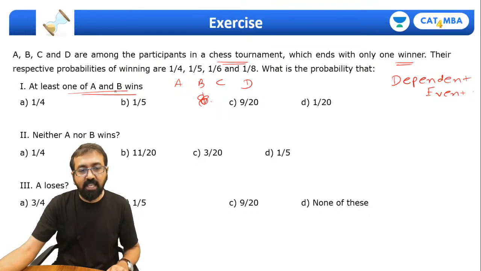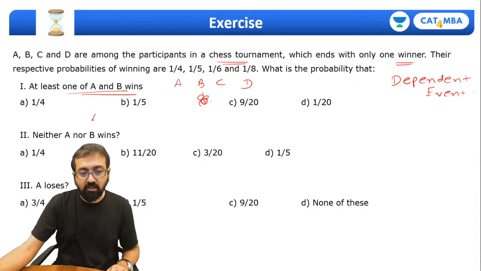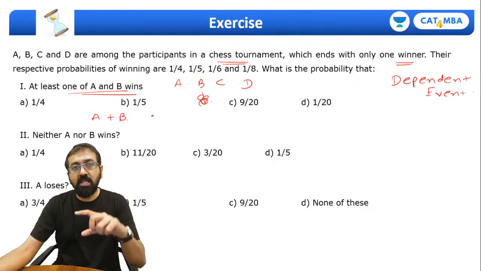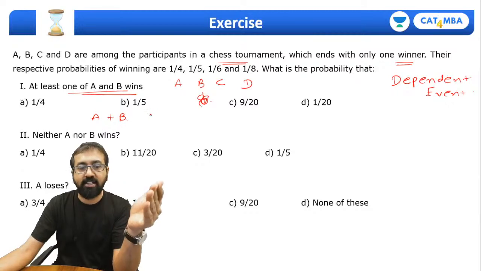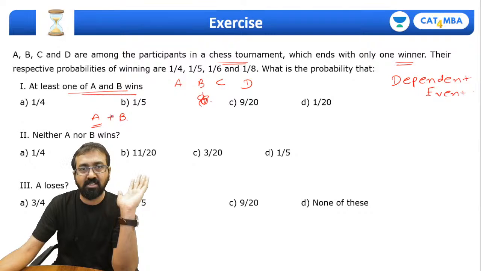Now please look at this question. At least one of A and B wins. So here either A will win or B will win. You don't need to write it this way, A winning and B losing, or B winning and A losing, because the moment A wins, it's understood that all others have lost. The moment B wins, it's understood that all others have lost.